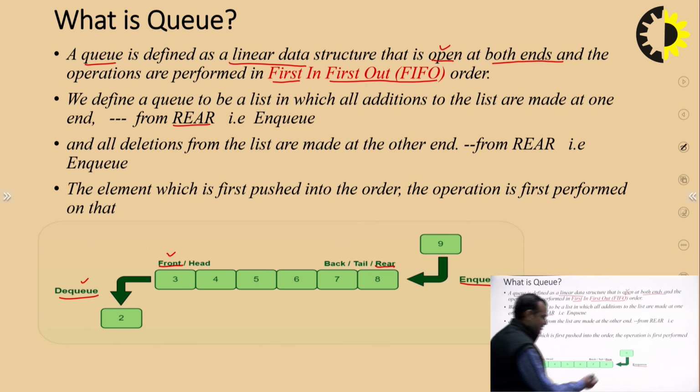Where we insert the element, that function is known as enqueue. So we apply two operations to insert or delete an element in a queue: one is enqueue to insert the element, and one is dequeue to delete the element. Again I repeat, when we delete an element we use the front, and when we insert an element we use the rear.